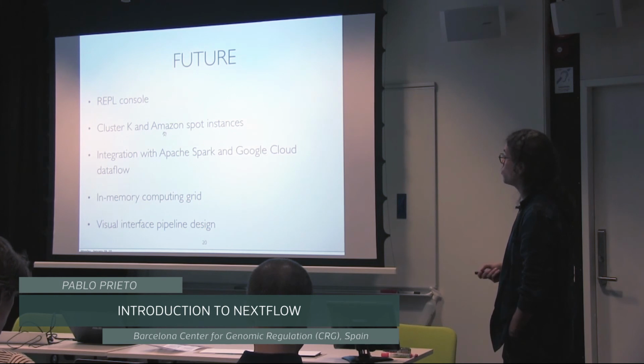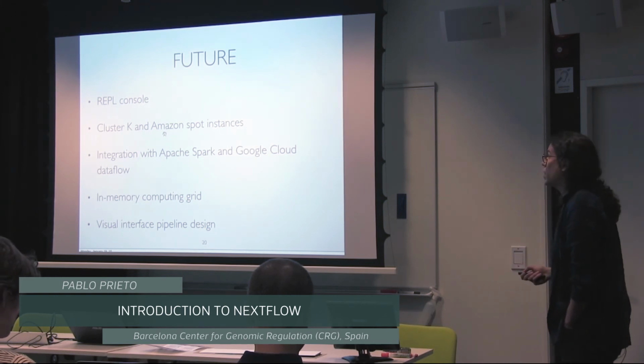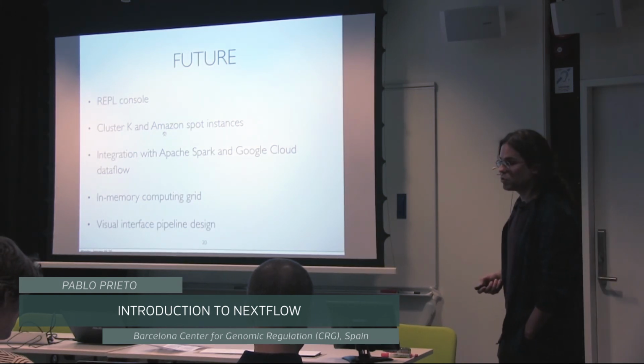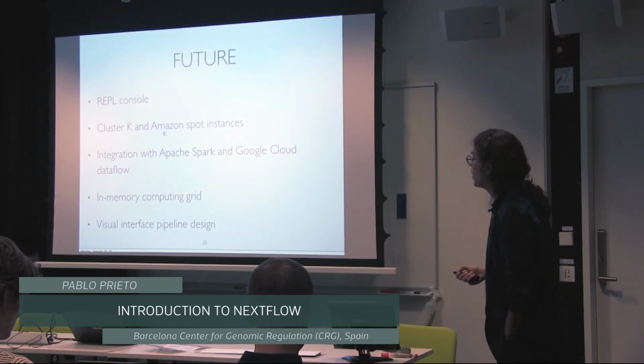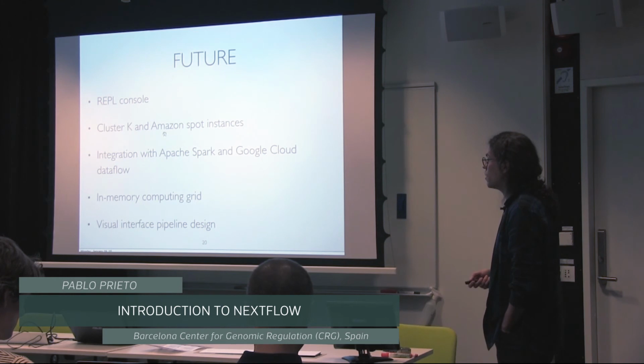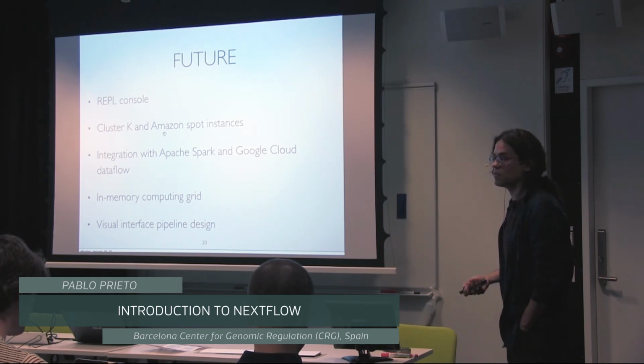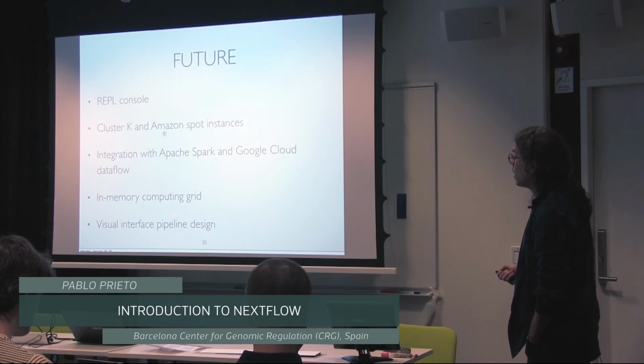And in the future we are trying to develop some features in order to help bioinformaticians who are not so used to these frameworks, like this read evaluation console, in order to evaluate and test their syntax, and also a visual interface that we don't have yet.